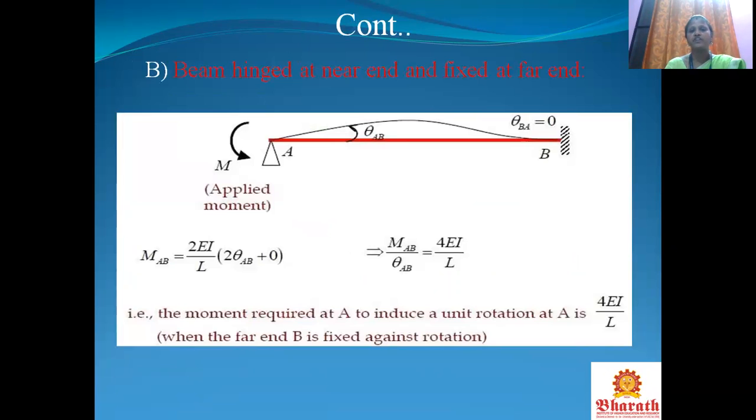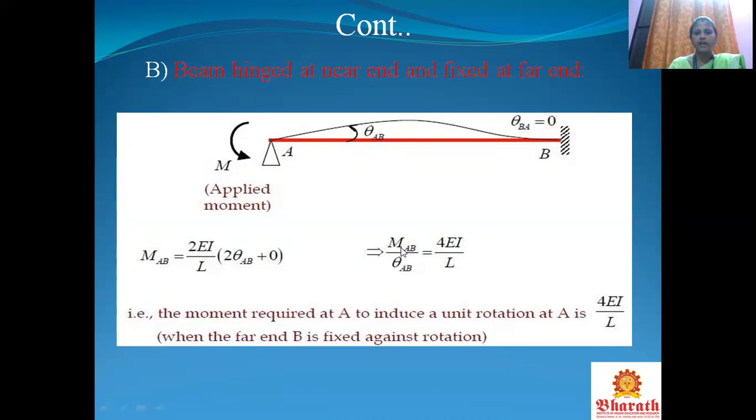In such a case, when a moment is applied to that particular member, the formula is MAB is equal to 2EI by L into 2 theta A plus theta B. For the B end, theta B is 0, that is for a fixed condition, slope is 0. So MAB is equal to 2EI by L into 2 theta A plus 0.